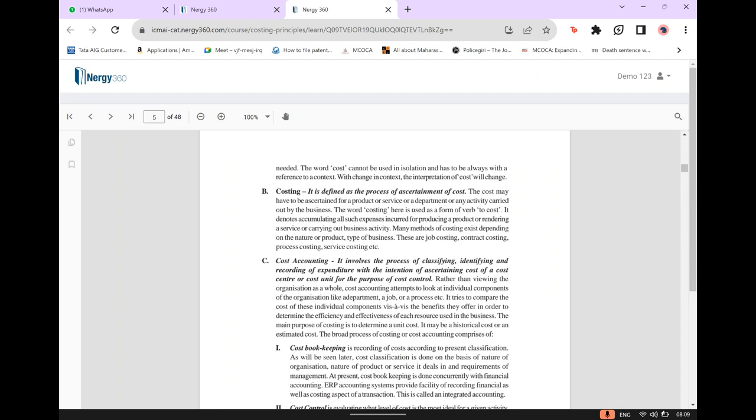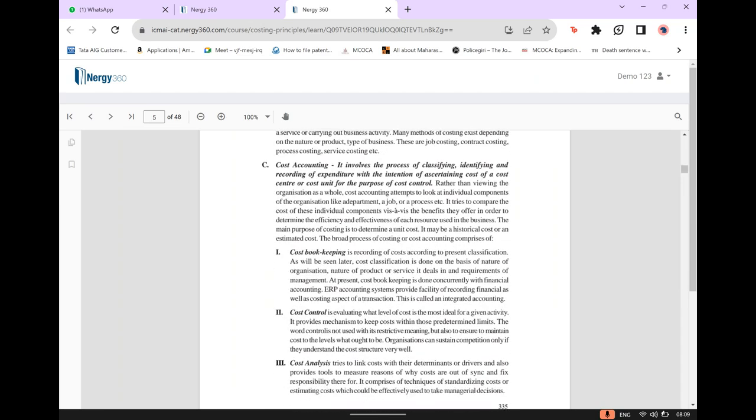It involves how you classify the cost, identify the cost, and record the same with the intention of ascertaining a cost. I told you costing is the process of ascertaining. In cost accounting, you classify, identify, and record the transaction or cost of a particular cost center or cost unit. The very purpose of the same shall be cost control.